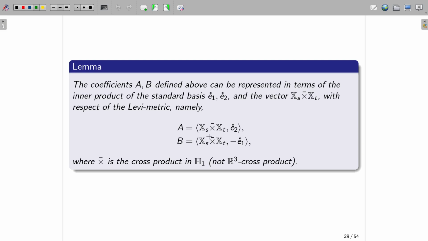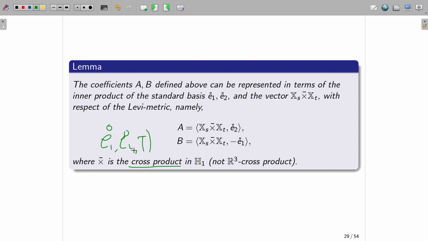Actually, this is the cross product. I define it basically following the same rule as in Euclidean space, but for the cross product we regard E1, E2, and T as an orthonormal basis.